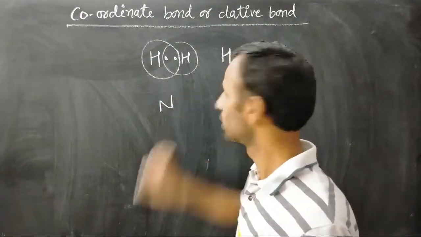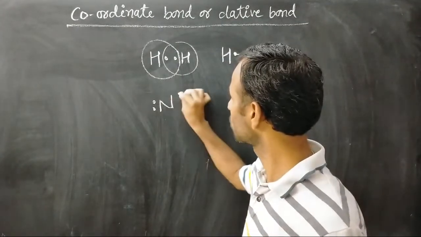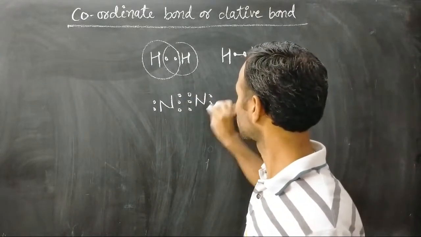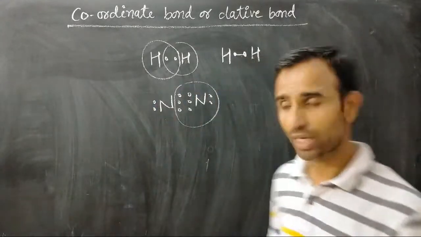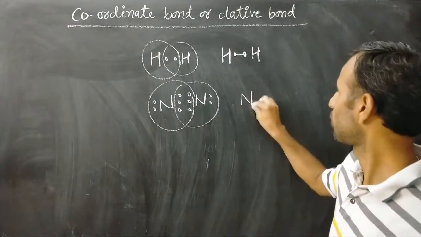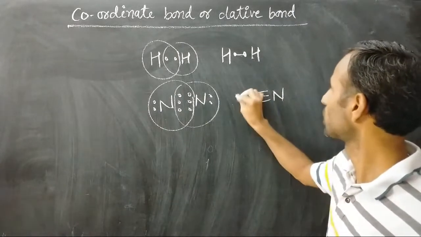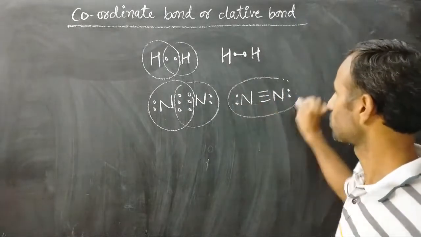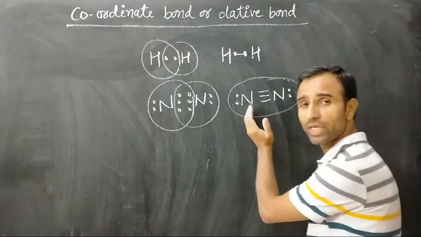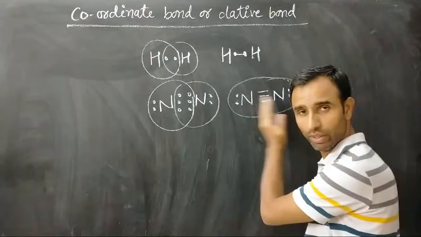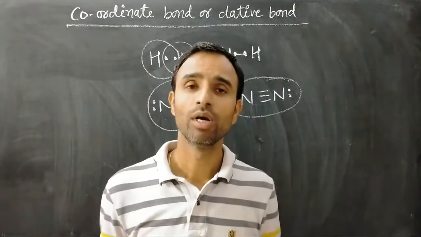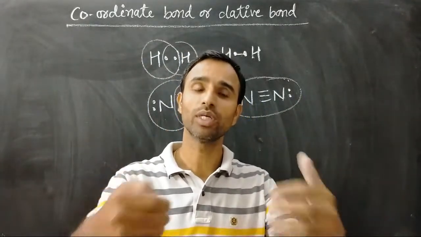In nitrogen, nitrogen has 5 valence electrons. Each nitrogen contributes 3 electrons to share with each other, and therefore 3 covalent bonds form between 2 nitrogen atoms. So in covalent bonds, the share is 50-50 from each atom; both contribute equally.